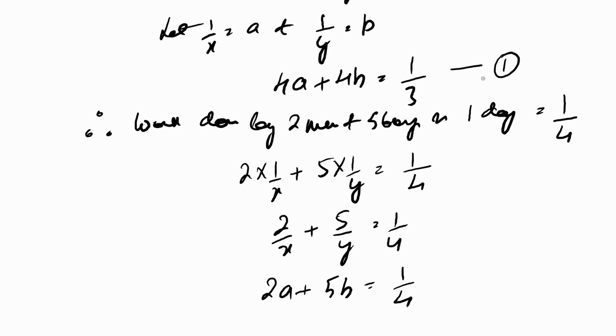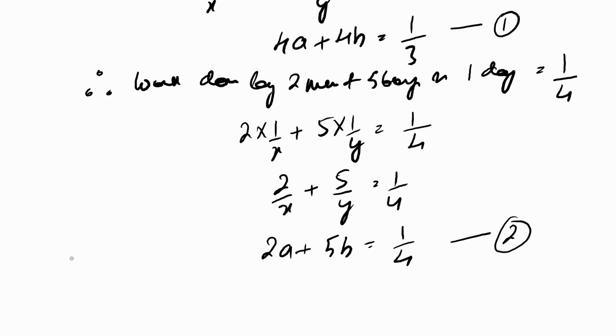Okay. What will we do? For equation 1, we will multiply by 3. Or let's not multiply it by 3. We should multiply equation 2 by 2.